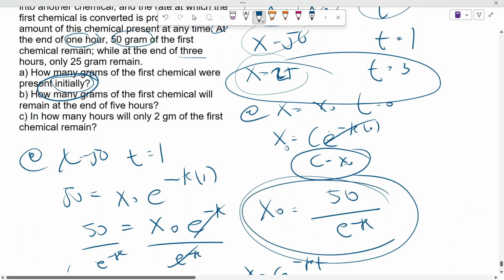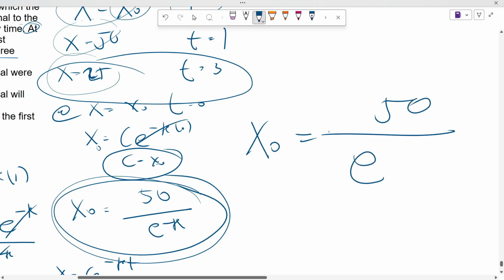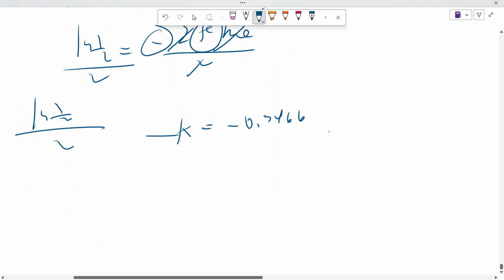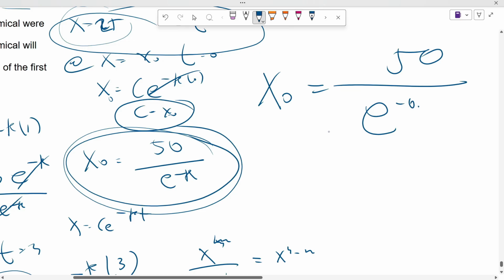So using the formula we produced earlier, X sub O is 50 e raised to negative k. What is the value of negative k? Negative 0.3466. Yes, correct. Just plug it in the calculator.